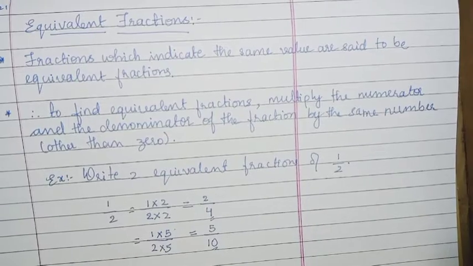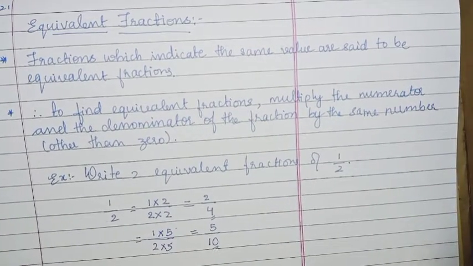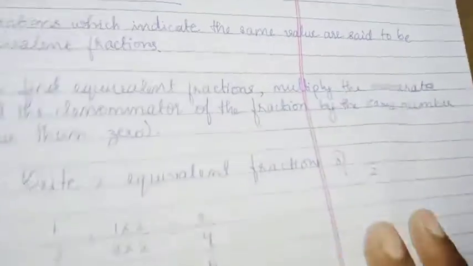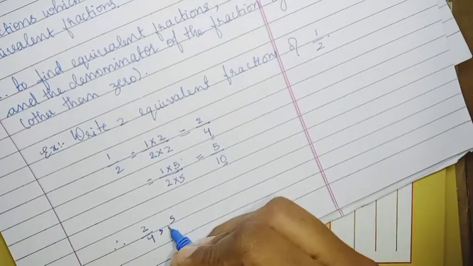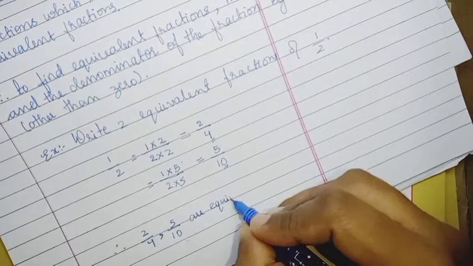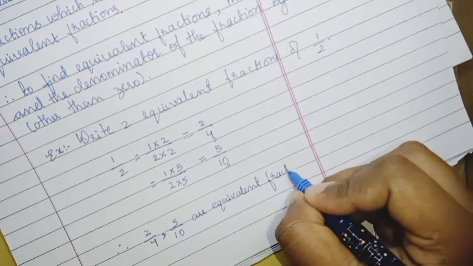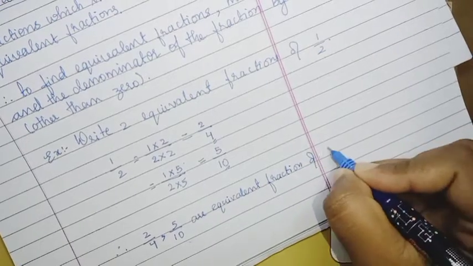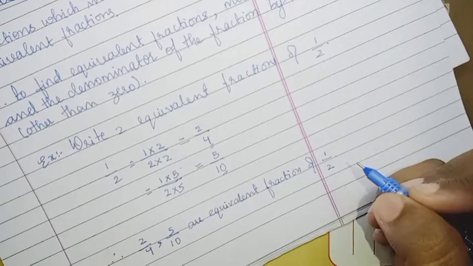Therefore, 2 by 4 and 5 by 10 are equivalent fractions of 1 by 2. Understood? It's very simple, right?